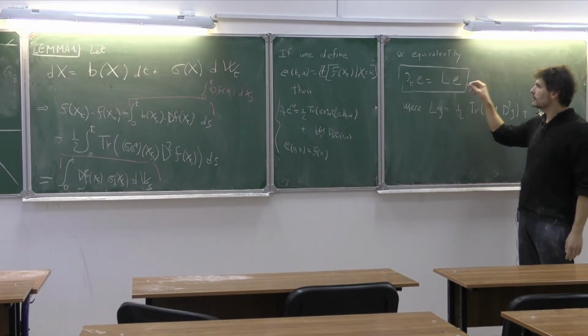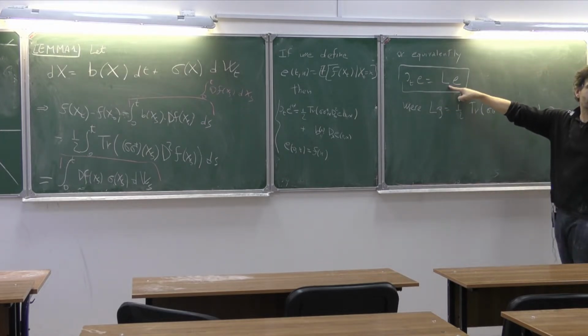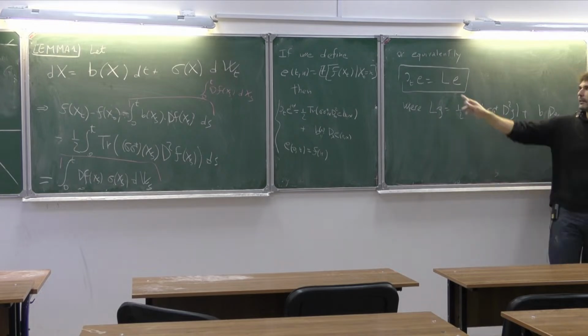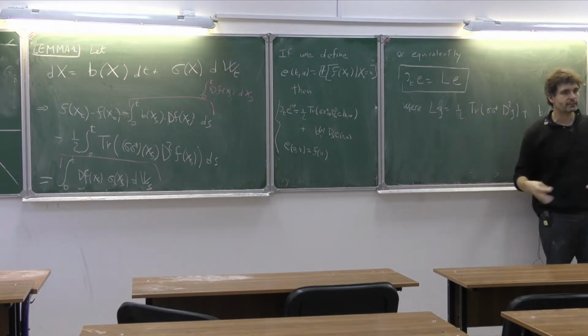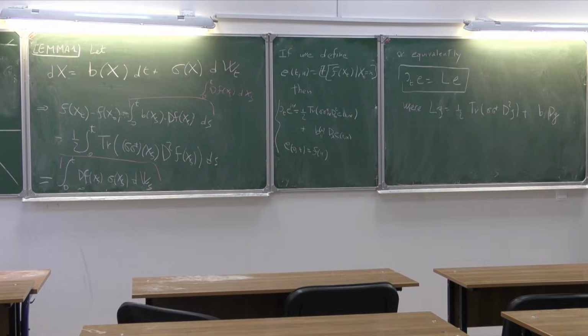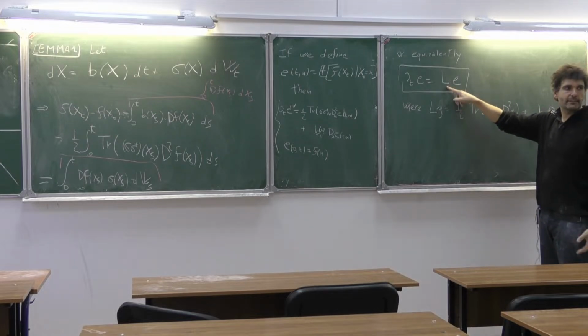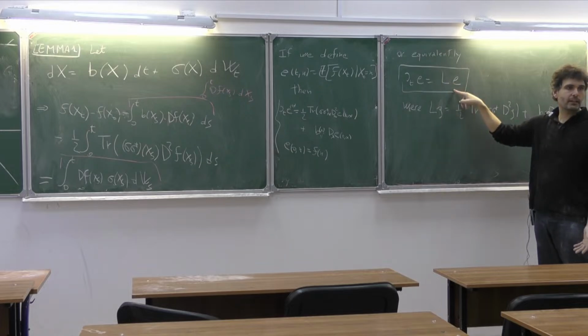If this is a linear operator, it's like a matrix. Now, this is a space of functions, so it's not finite dimensional, it's an infinite dimensional space. But this is like a matrix, just a linear operator.